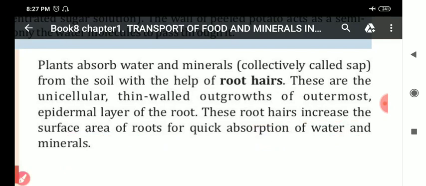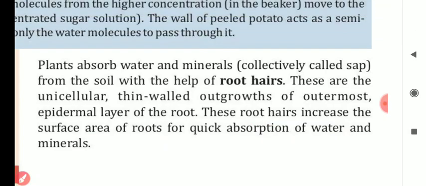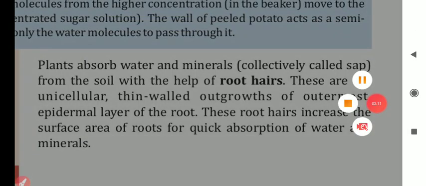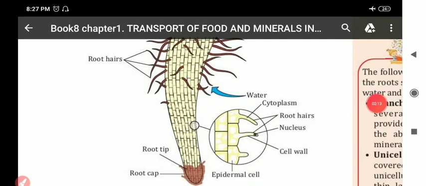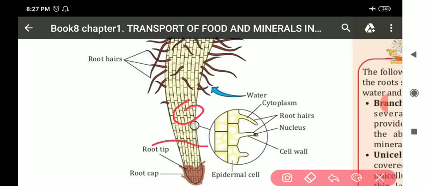Next, we shall discuss it with the help of a diagram. Yes, my dear students, this is the diagram of a root hair. In this, the root is there. This is the root, and at the downside there is a root tip and root cap.